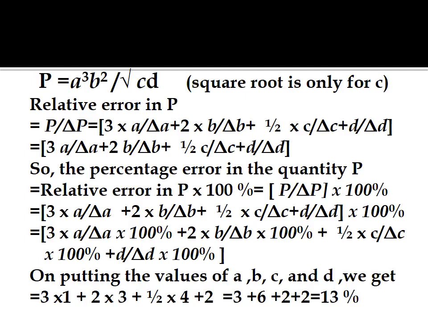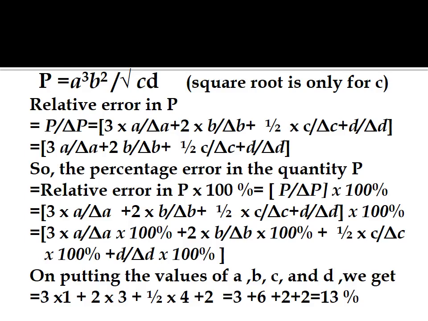And also given that P is equal to A cube B square whole divided by root of C D. Here square root is only for C. Then relative error in P, delta P by P, is equal to 3 into delta A by A plus 2 into delta B by B plus 1 by 2 into delta C by C plus delta D by D.